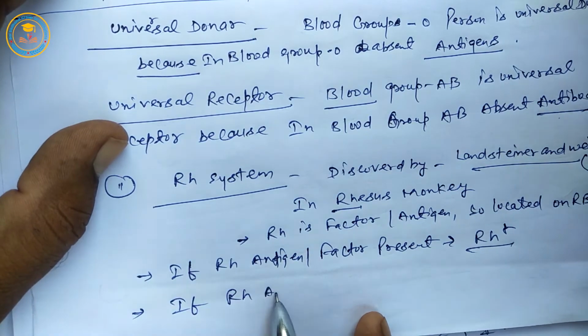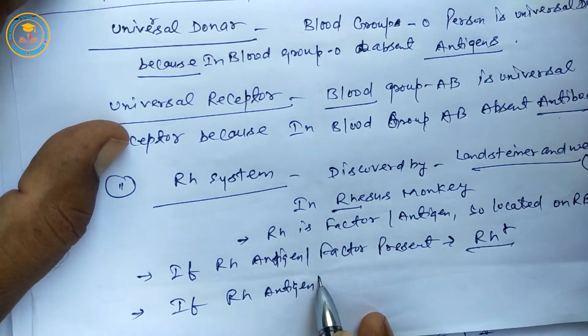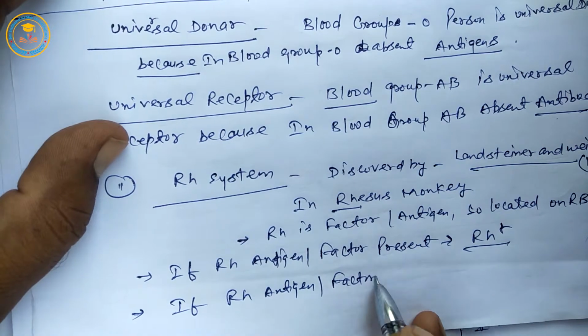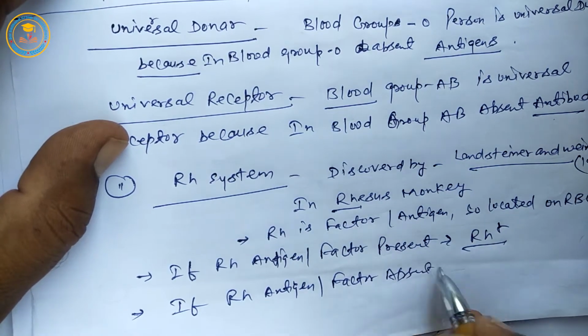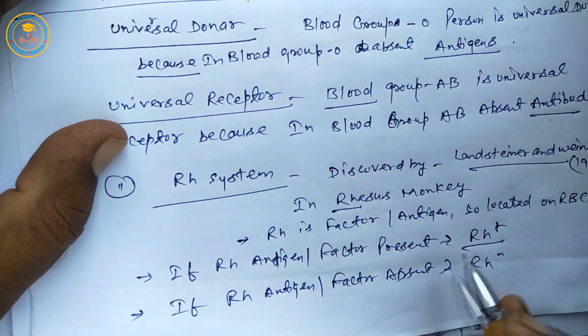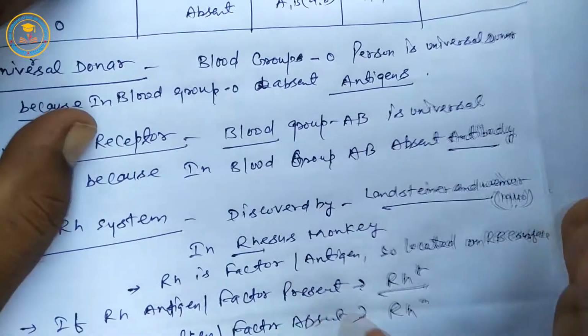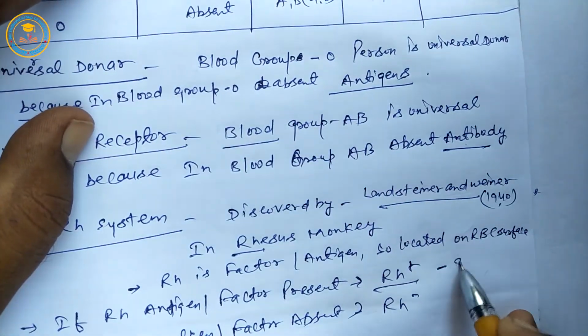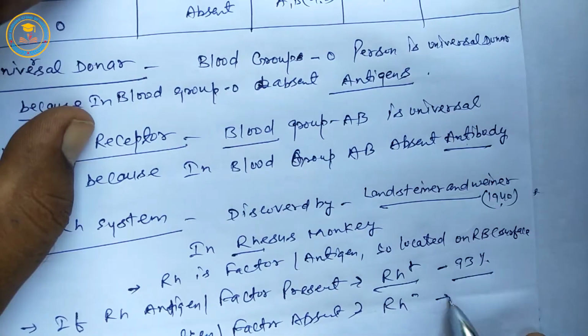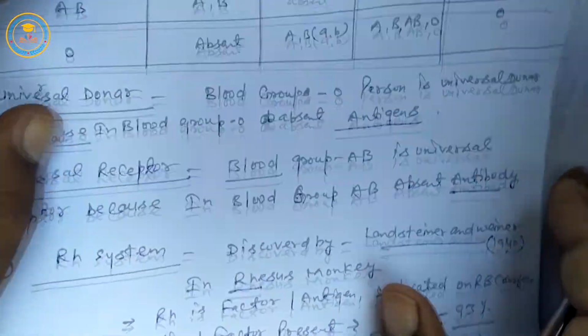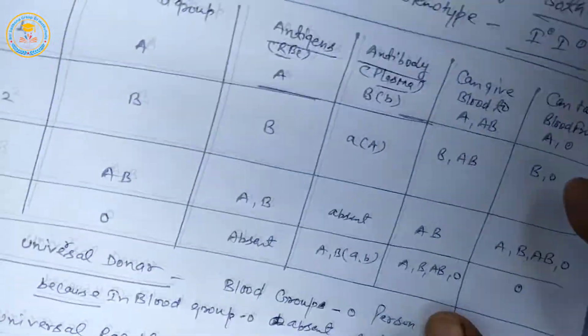If RH antigen or factor is absent, it is called RH negative. In India, 93% of people are RH positive and 7% are RH negative.